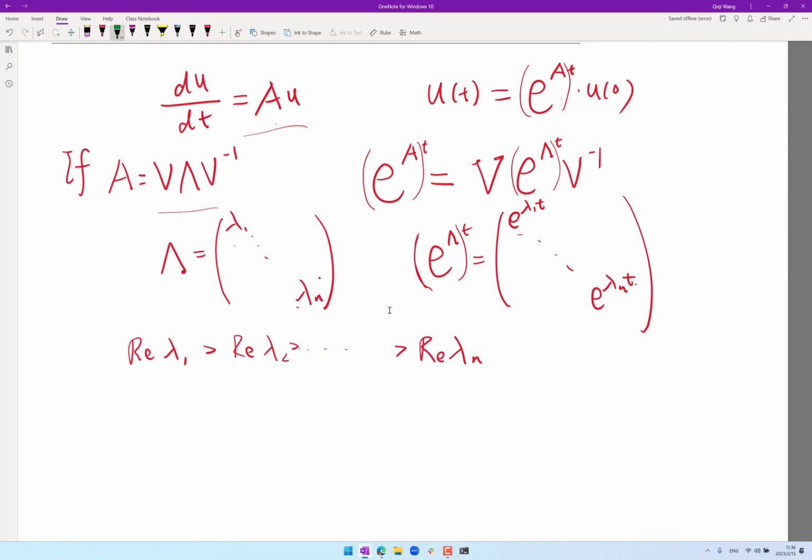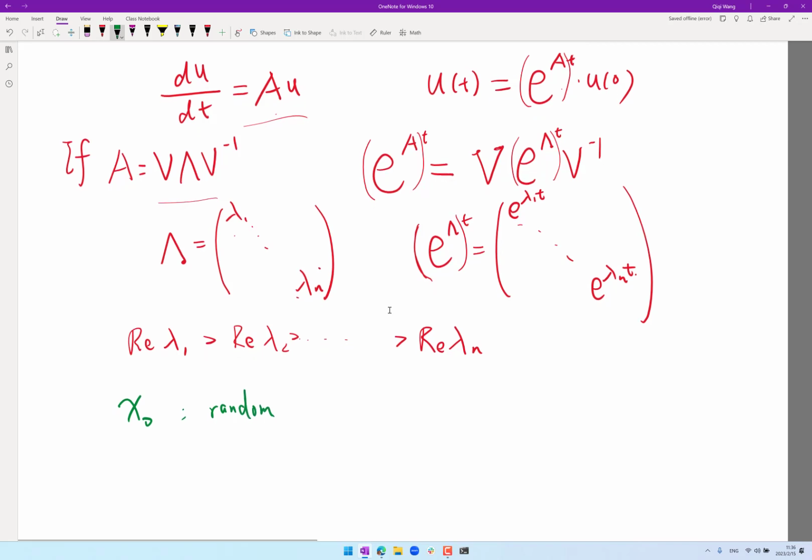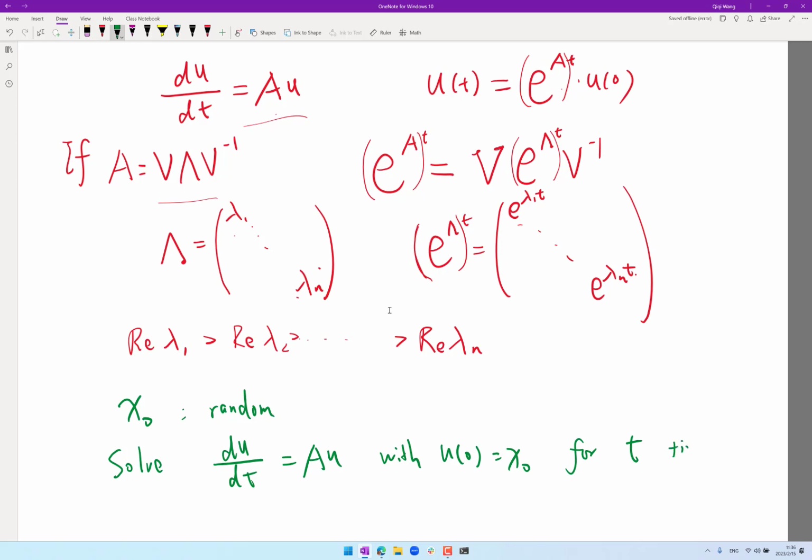So starting with x0 being random, solve du/dt equal to Au with u0 equal to x0 for time t.